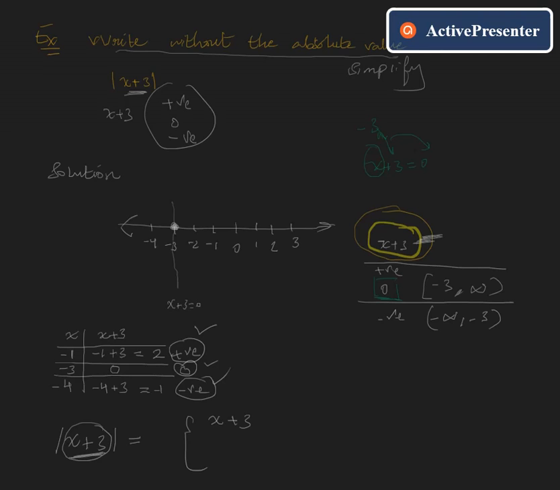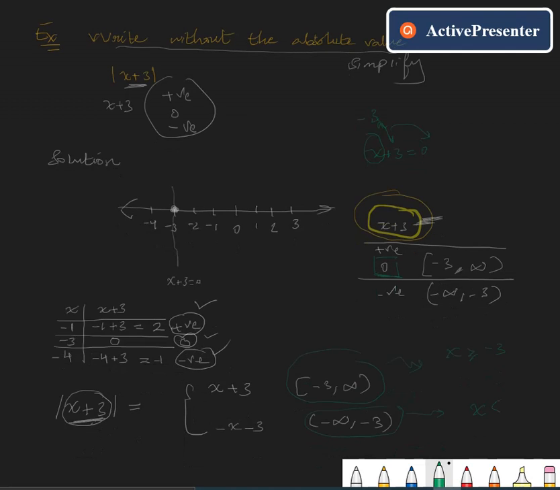Now this expression will remain the same when x is from negative 3 closed up to infinity open, and will be the negative of what is inside, so minus x minus 3, when x is from negative infinity up to negative 3. And of course you can write this in another way in set builder notation. It is when x is greater than or equal to negative 3. Here this can be written when x is less than minus 3.